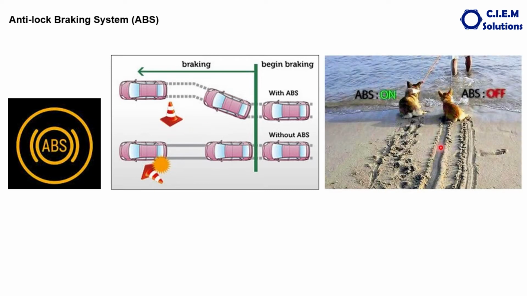This is another clear example between ABS and non-ABS. These two pets are being taken by a man. See the difference in behavior of these two pets.